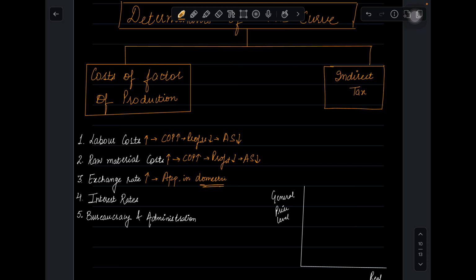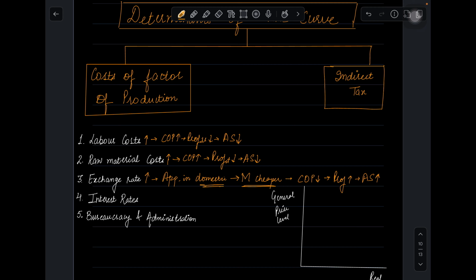That means value of domestic currency has increased, which will make imports cheaper. If the firms are buying raw materials from abroad, then cheaper imports means cost of production decreases and hence profit increases, leading to increase in the aggregate supply.